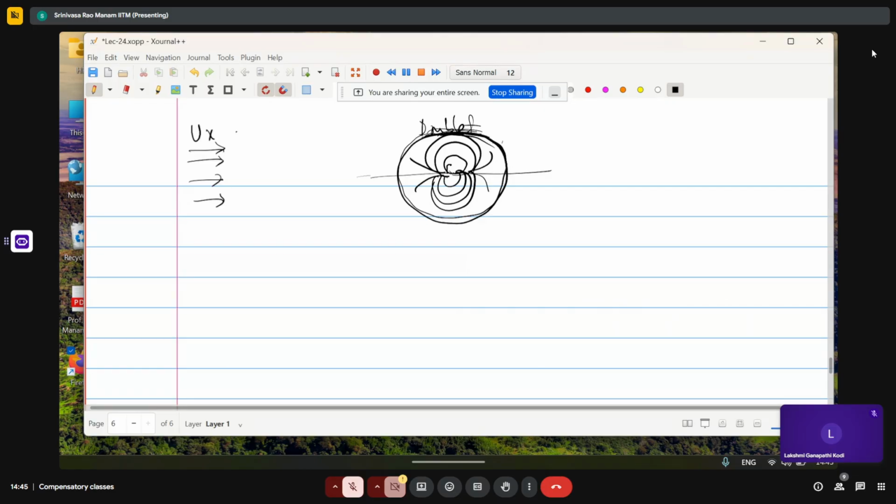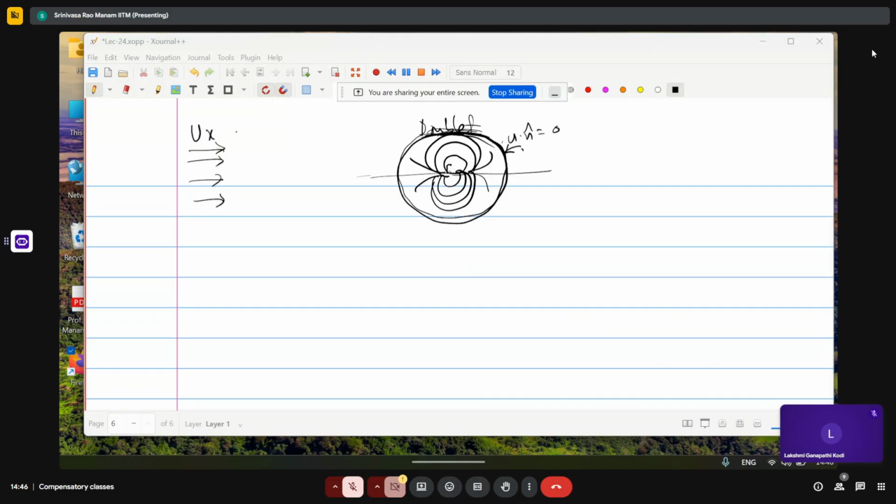That's the reason you ignore that doublet and finally make it a solid cylinder, and you make sure that you put this doublet strength in such a way that this boundary condition is satisfied: U dot n cap equal to 0 on the circular cylinder. That's how you get this flow past a circular cylinder, uniform flow past the circular cylinder. This is what you have seen just now.